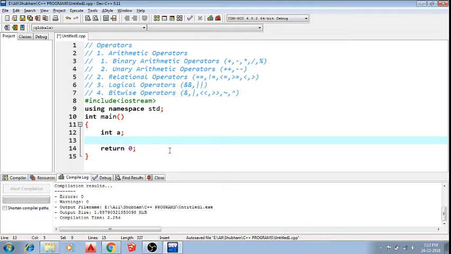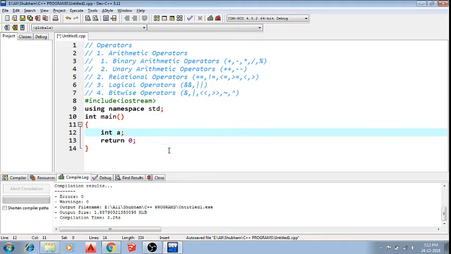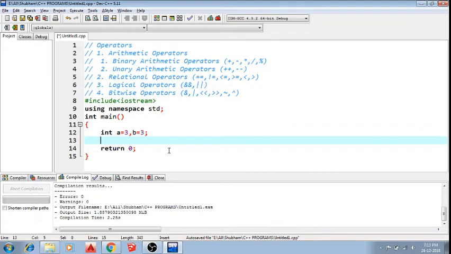First of all, let's just consider small numbers, because big numbers are very difficult for us, but computers do everything faster; they are genius in calculations with big numbers. So let us take two variables, b is equal to 3, and a is equal to 3.